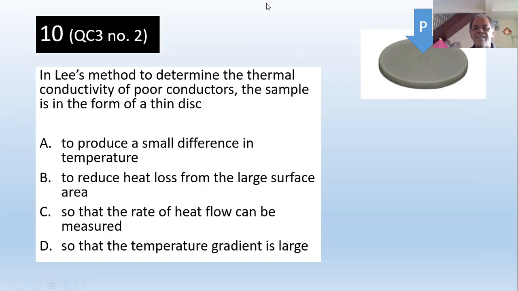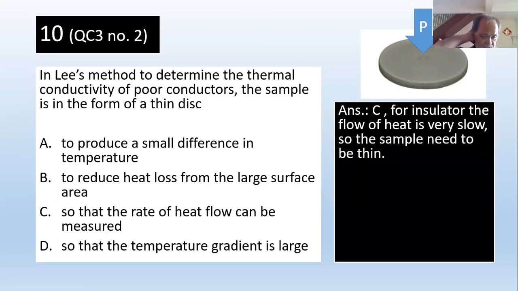Basically, there's going to be heat loss on the side here, but because the amount of heat flowing is large, the heat loss is going to be small. So that the rate of heat loss can be measured. That one, whether it's lost or not, we can measure. So the temperature gradient is large.